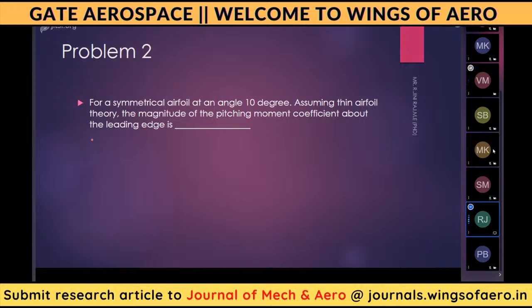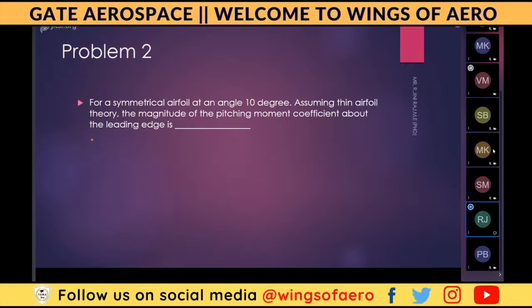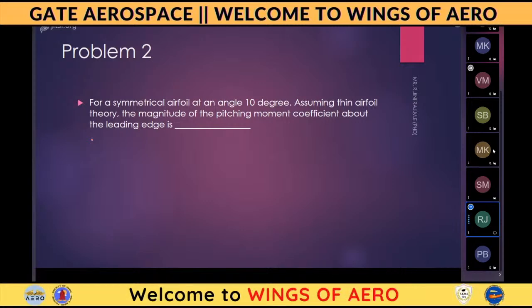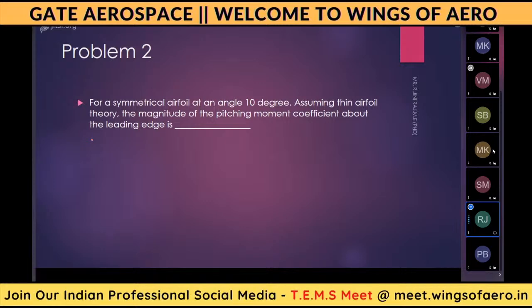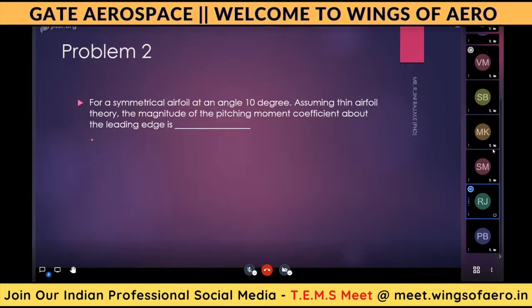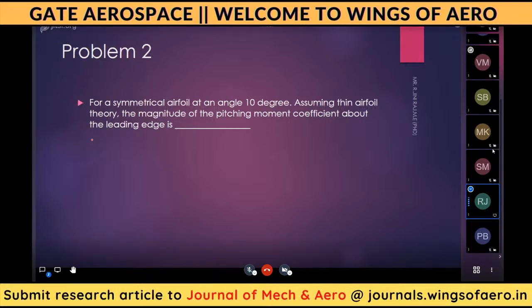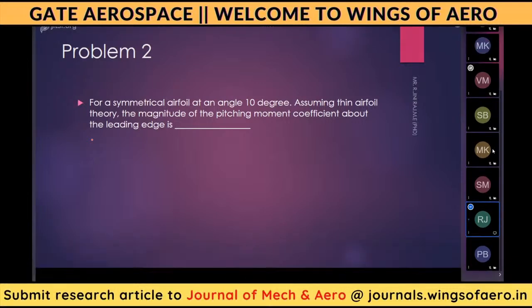Is everyone getting the same answer? Sir, 0.274. Yes, that's the correct answer. Just put the degree conversion like this, pi by 180, then it will be easy for you.